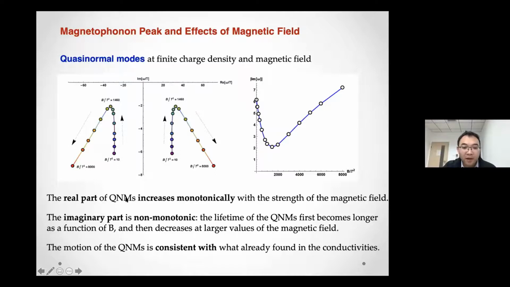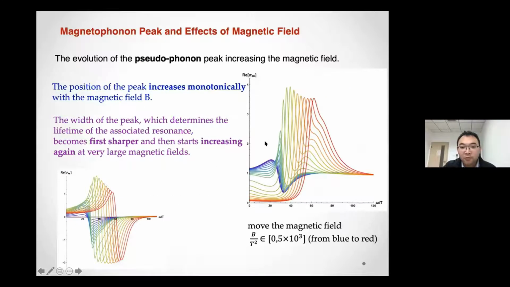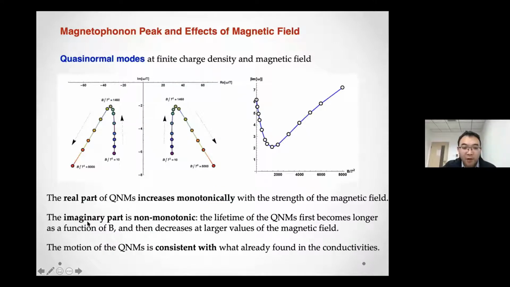So the real part of the quasinormal mode increases monotonically with the strength of the magnetic field. This is consistent with the peak increasing monotonically with the magnetic field. And here you see the imaginary part is non-monotonic.